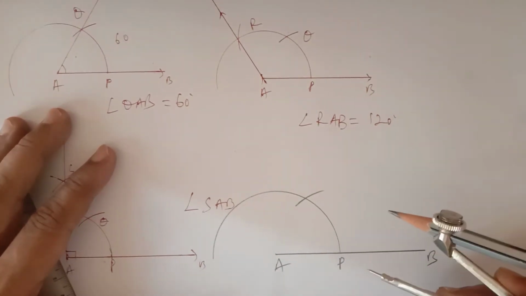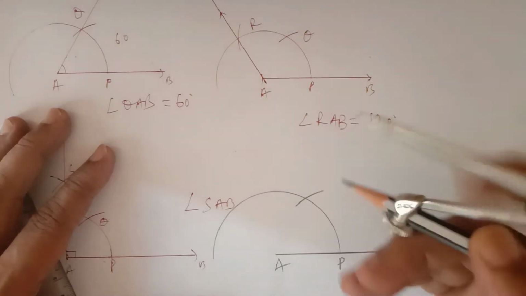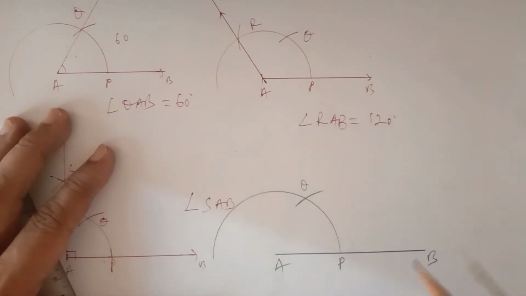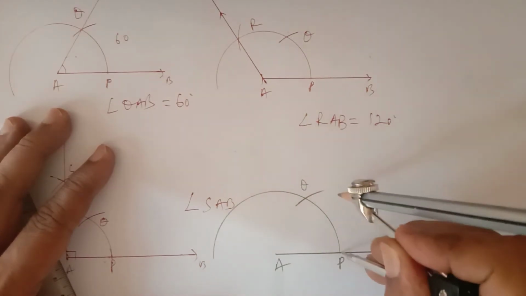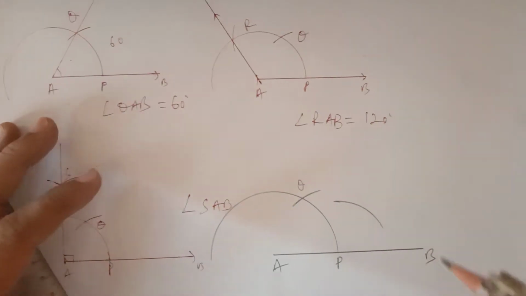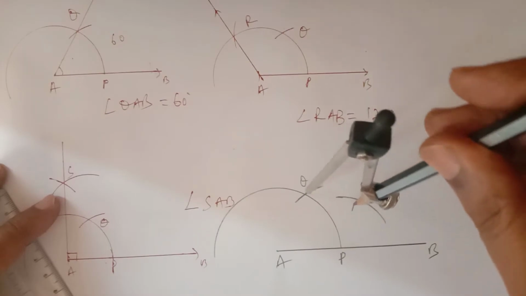Now because we have to draw the 30-degree angle, let us call this arc Q. With P and Q as centers and the radius more than half of PQ, you bisect this arc like this, and with P and Q as centers and the same radius, you cut this arc.